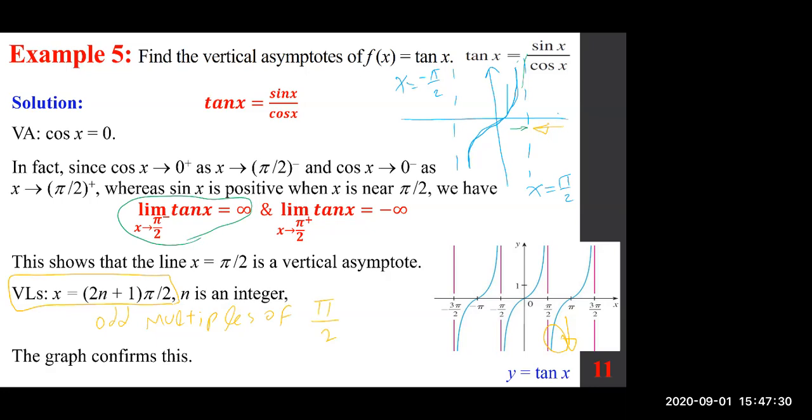If you use odd multiples of pi over 2, at those points cosine is 0, and those are your vertical asymptotes. On one side it goes to infinity, and on the other side it goes to negative infinity. So I hope it's clear to everybody.